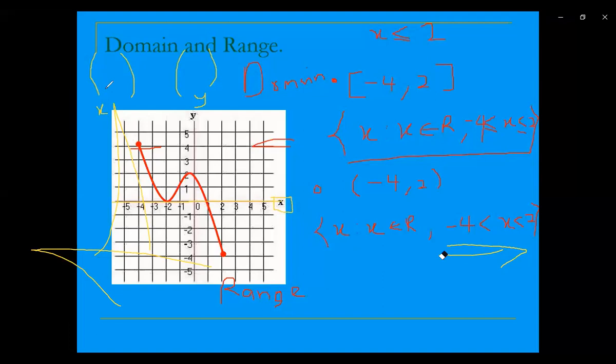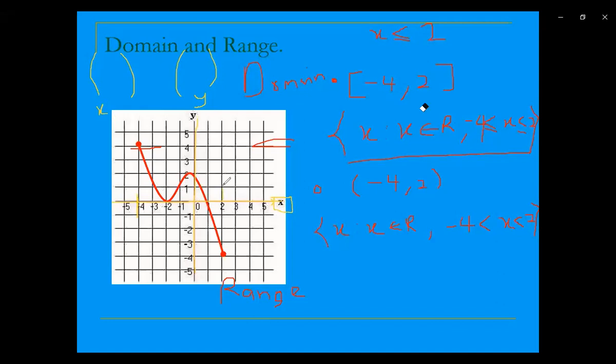So the values of X over the graph, let me put it that way. So you have the graph spread over -4 to +2 here.